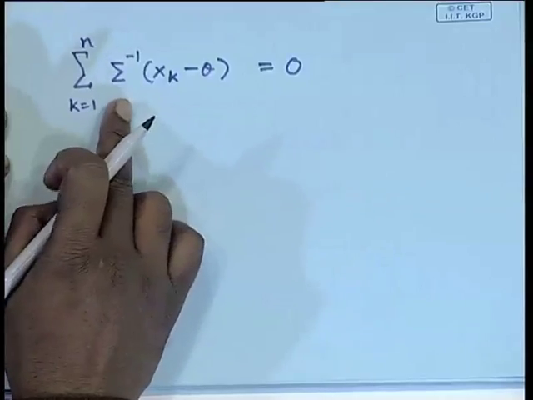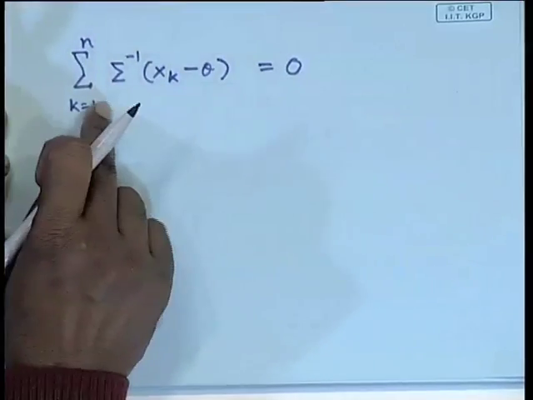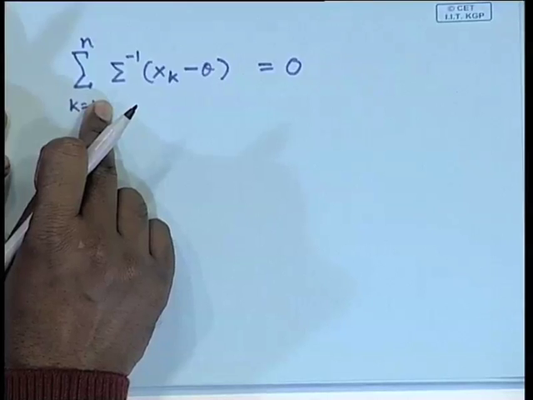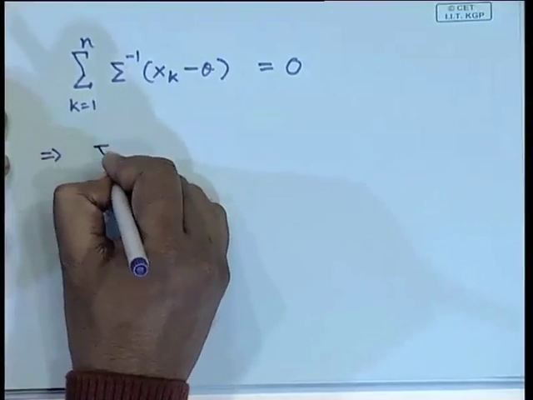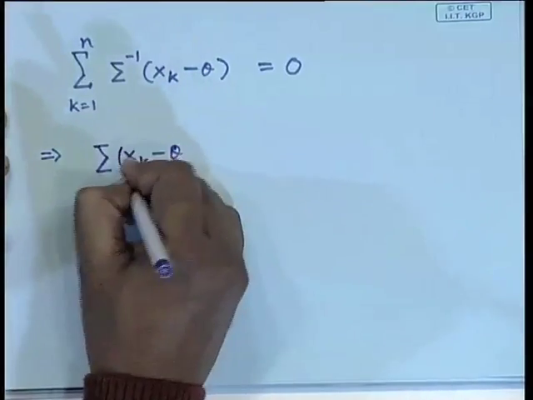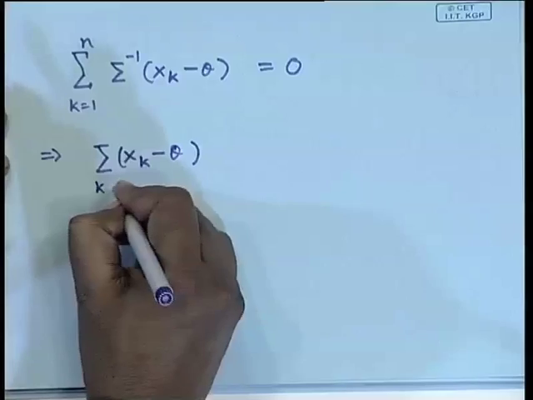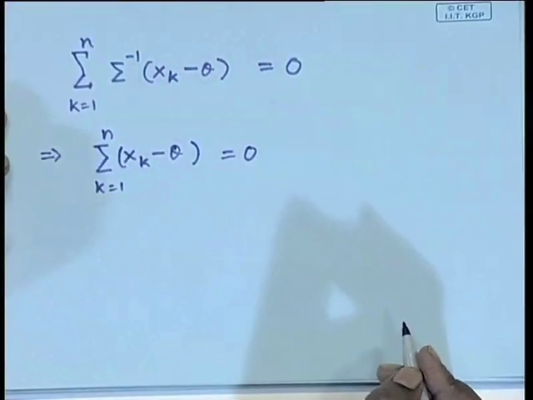So, from here, if I pre-multiply both sides by sigma, that is the covariance matrix, then what I simply get is the summation of (x_k minus theta), where k varies from 1 to n, equal to 0, right.